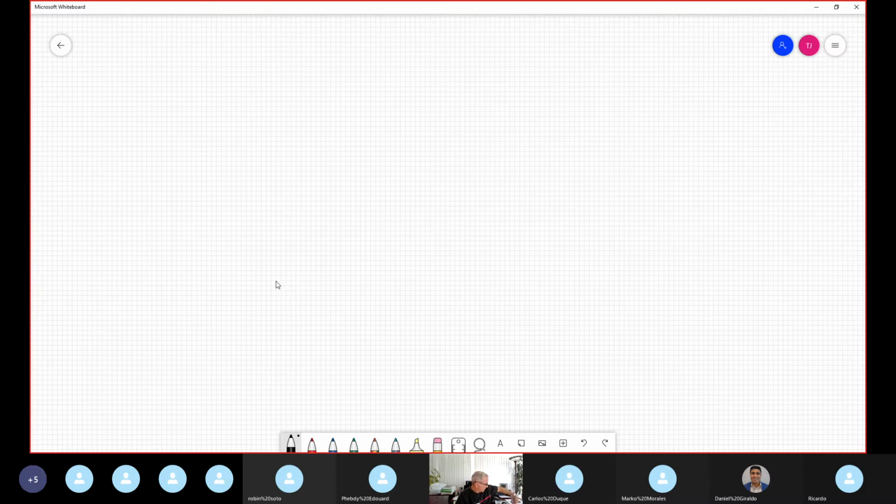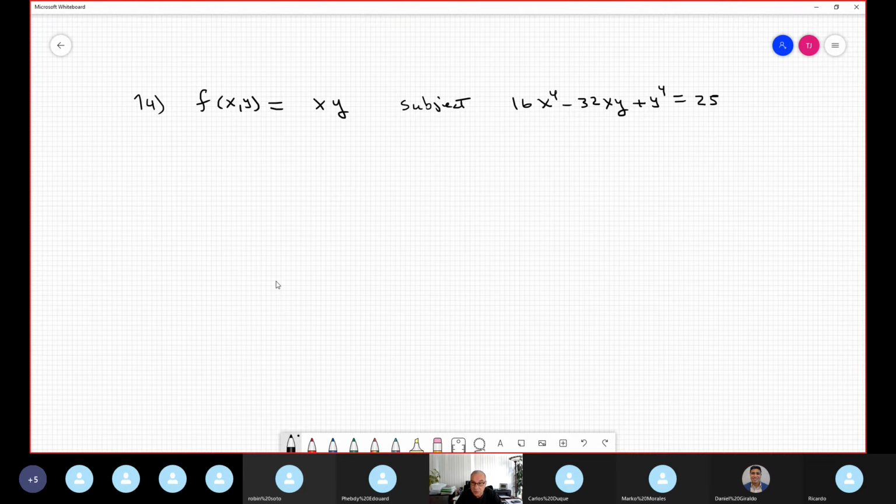Example 14: find the extremum of the function f(x,y) = xy subject to the constraint 16x to the 4th power minus 32xy plus y to the 4th power equal to 256.